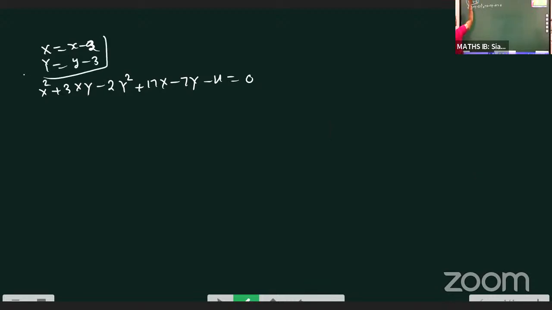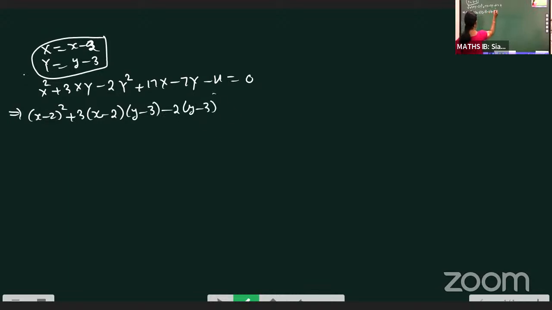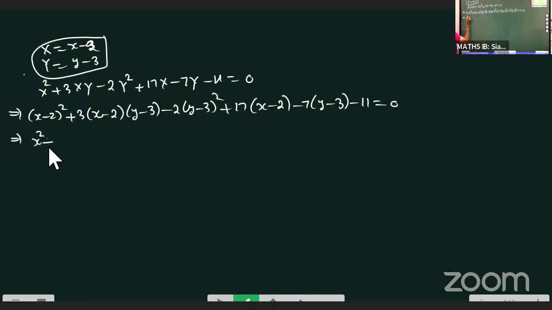Substitute these values in this equation carefully. X minus 2 whole square plus 3 into x minus 2 into y minus 3, minus 2 into y minus 3 whole square, plus 17 into x minus 2, minus 7 into y minus 3, minus 11 is equal to 0. Expand a minus b whole square: a square plus 2 square, which is 4, minus 2ab, minus 4x.